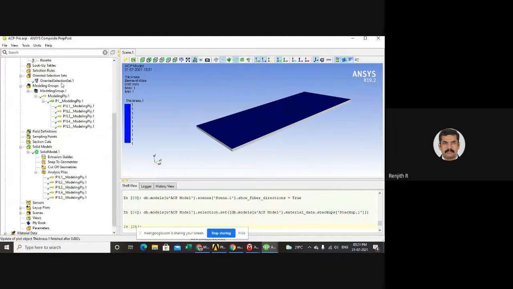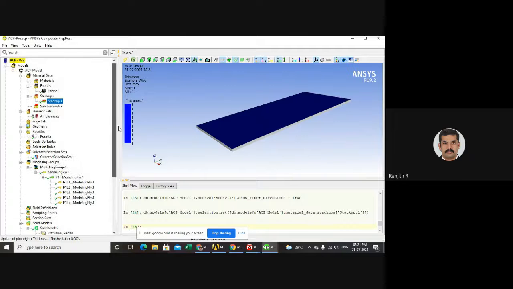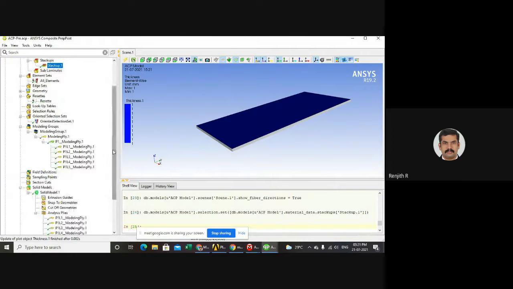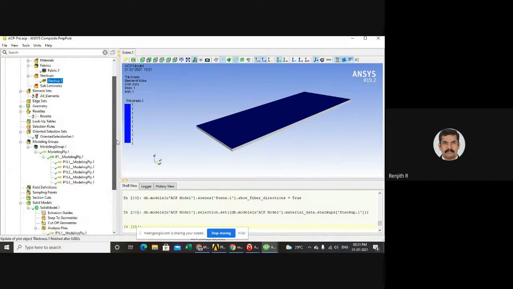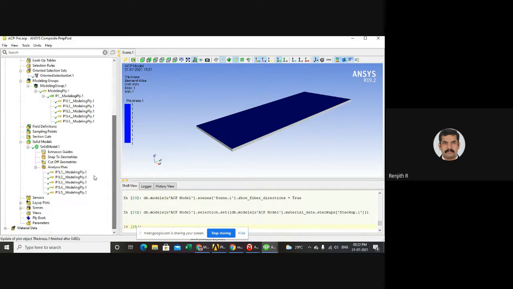Up to this, we can create two things: the shell composite data, which means that will be input into ANSYS as shell element data. The second one, solid element data. So that's the difference. And the remaining is actually the post processor, that is analysis type, that is plybook parameters, all those things.